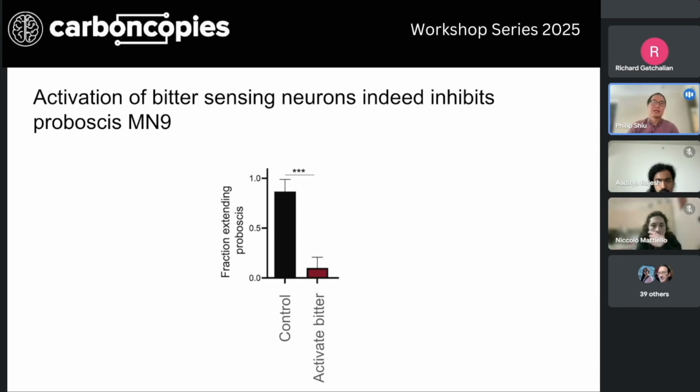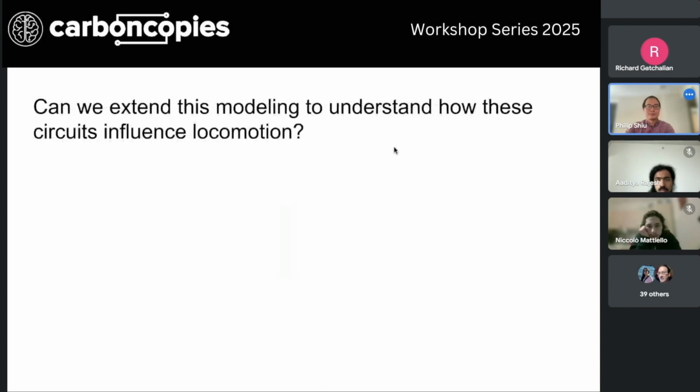We basically showed that IR94E is an aversive taste modality. We predicted that, and we found that, and this was the first time this was a genuine prediction, because no one had really explored whether this taste modality was appetitive or aversive, and we were able to successfully predict that it would be aversive.